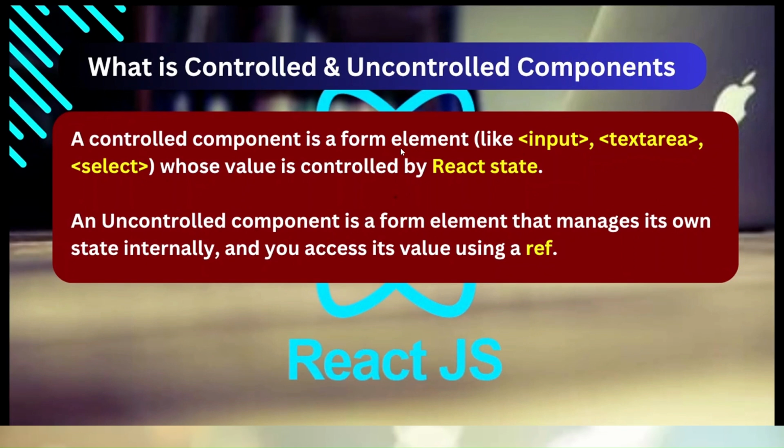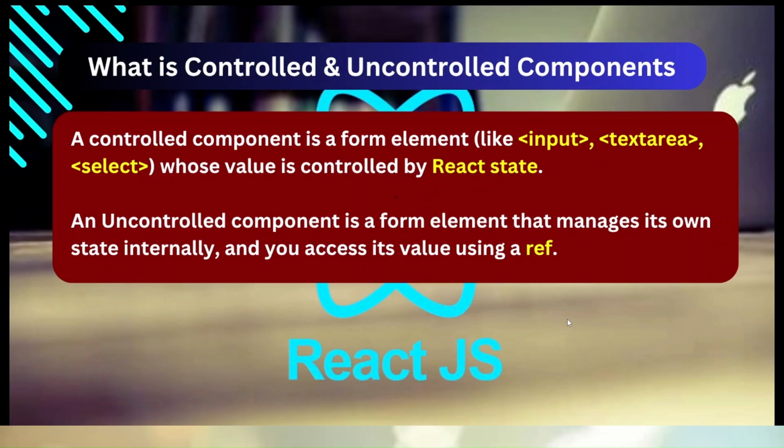A controlled component is a form element like an input element, textarea, or select, or any type of form element whose value is controlled by React state. Whereas an uncontrolled component is a form element that manages its own state internally and you can access its value using a reference.